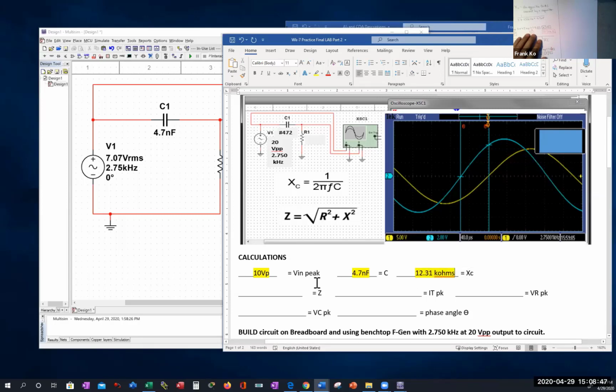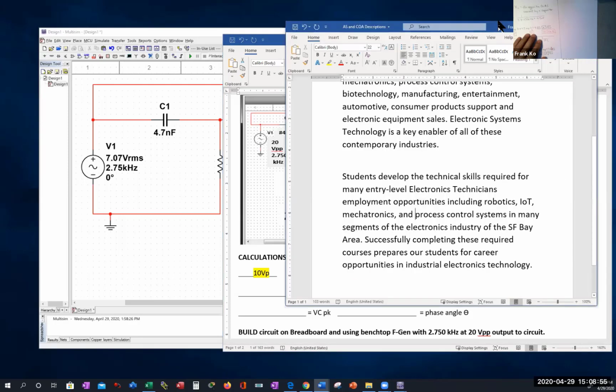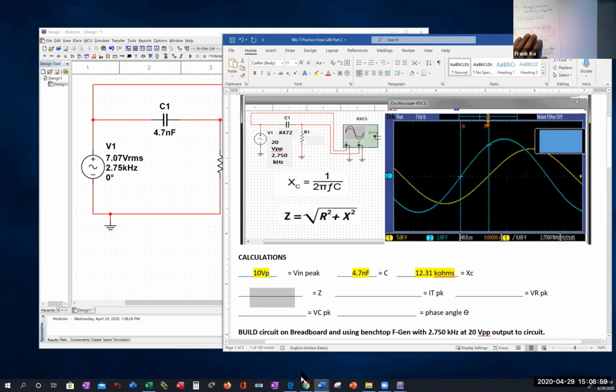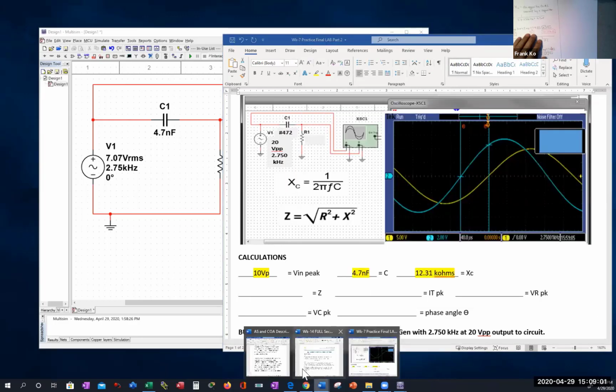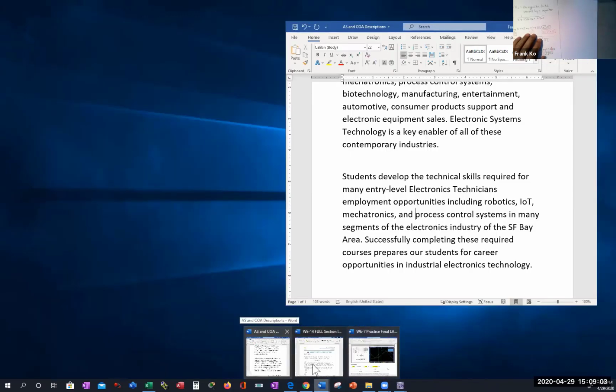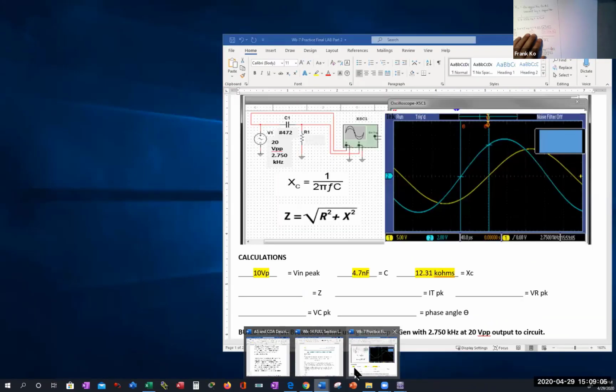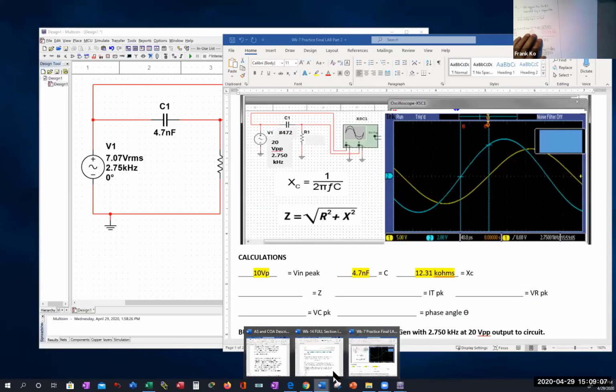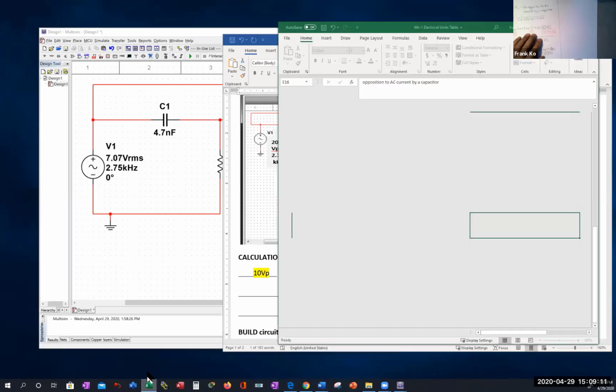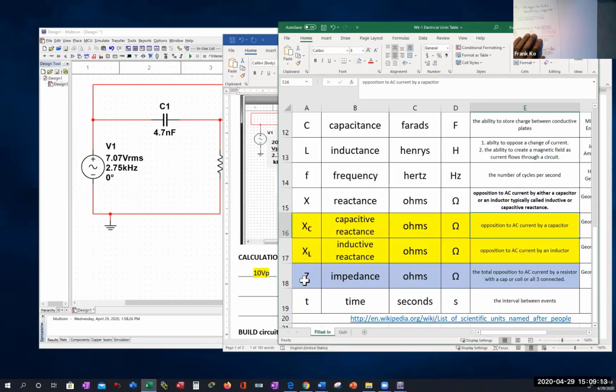We're going to calculate something here called impedance. And if you recall, you saw that briefly. Where did we see it? We saw it briefly here, impedance.